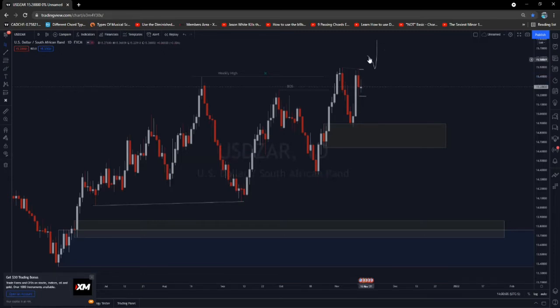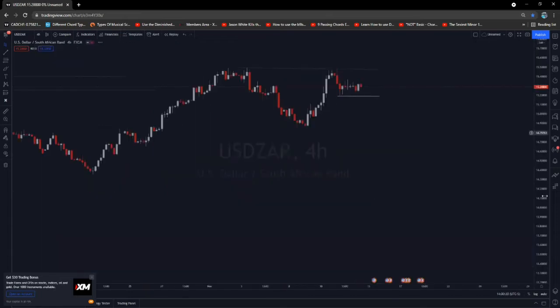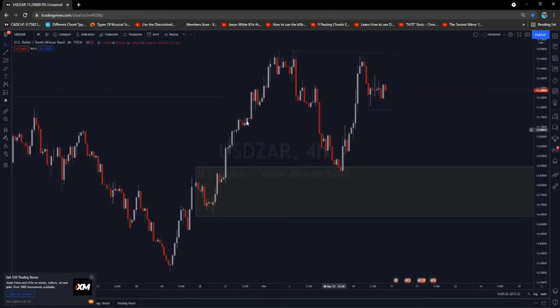So for me, it's just a thing of waiting to see how the market reacts from this order block. I saw something interesting on the 4-hour. Let's go to the 4-hour. So like I said, this is the shift in sentiment, right? We have this price action over here, right? What I think will happen is the market will try go low.